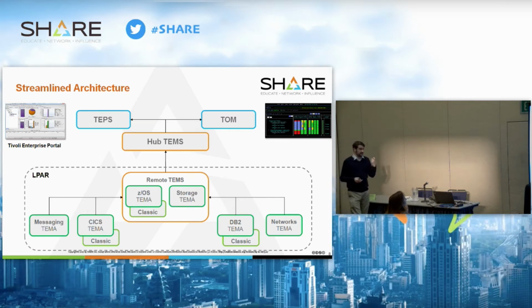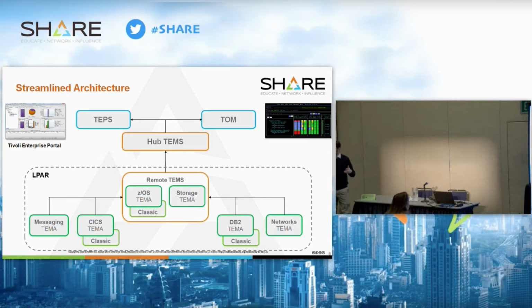So you'd probably have a monitoring agent for zOS, maybe storage and networks as well, running in what we call a remote TEMS or a Tivoli Enterprise Monitoring Server, and you'd have one of those on each LPAR. Then you'd also have monitoring agents for each of the subsystems you might want to be monitoring there. So, for example, CICS or DB2.